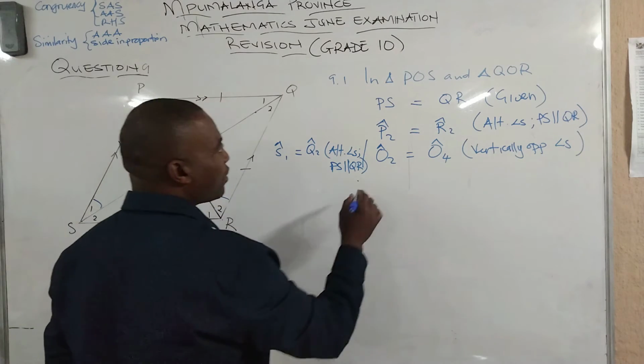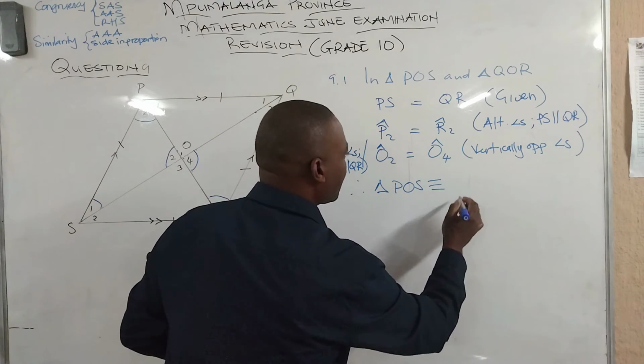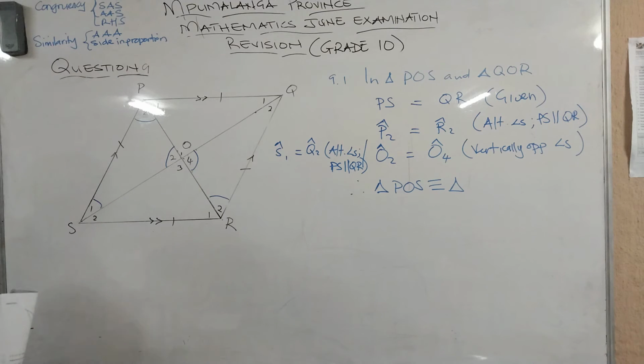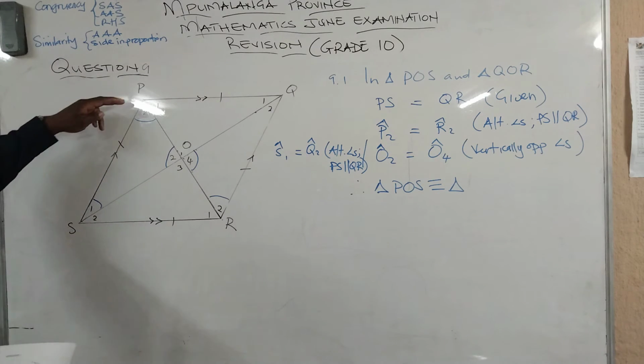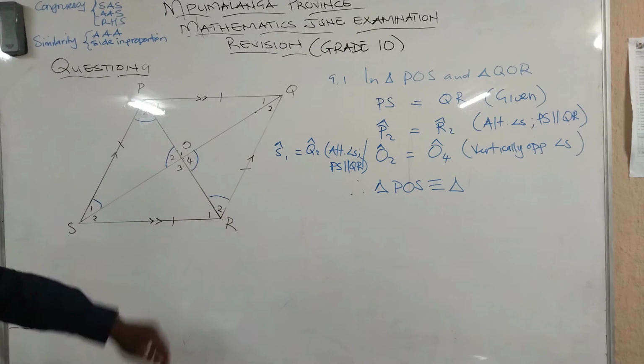So we are saying therefore triangle POS is congruent to triangle. Now the order is very, very important. When you are at P, where are you in the other triangle?